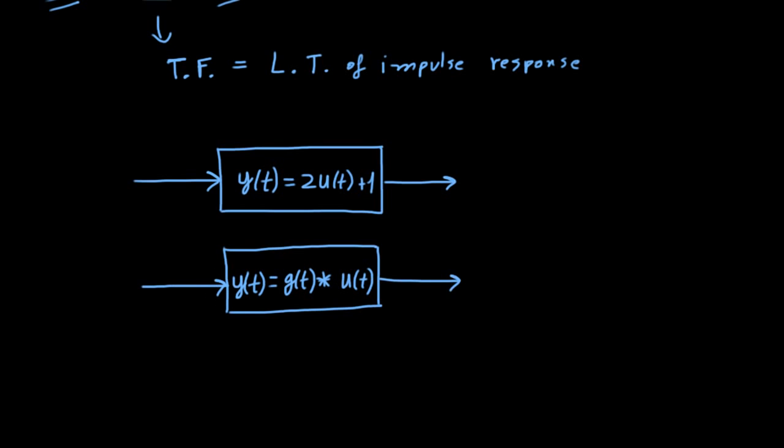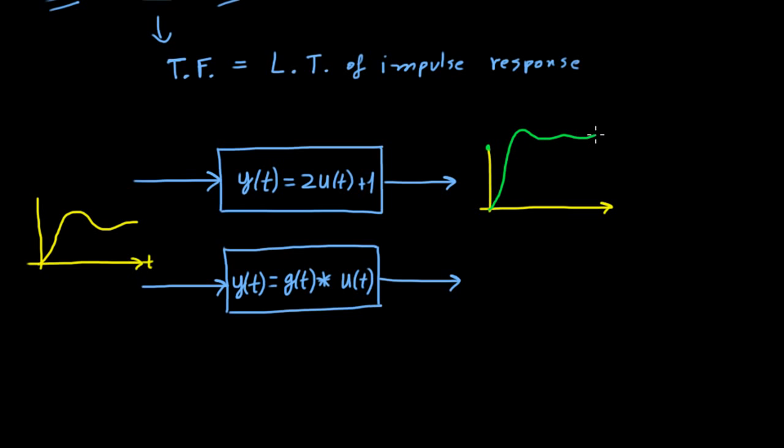Well, if we have some input to the system, say this input, the output of the static system would be, at each point of time, the same function multiplied by 2 and then added 1.